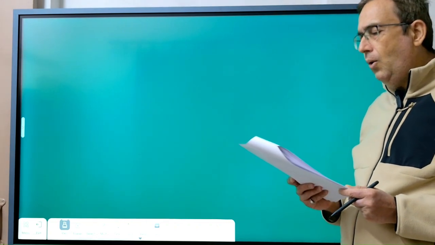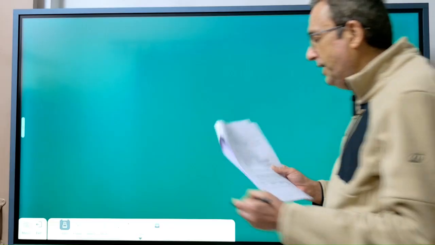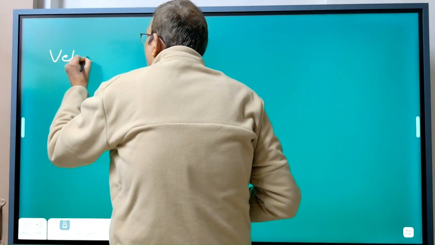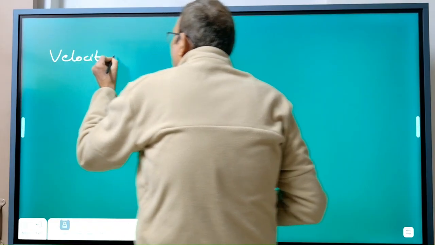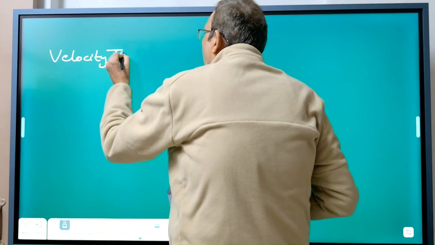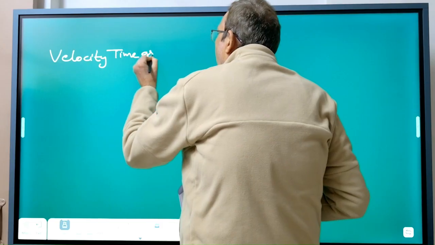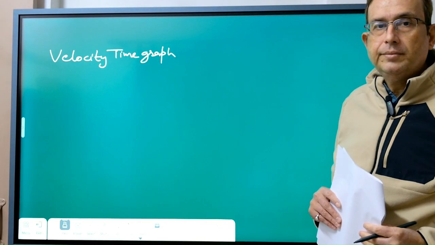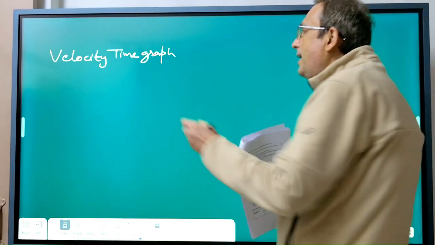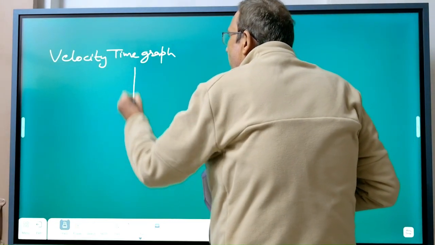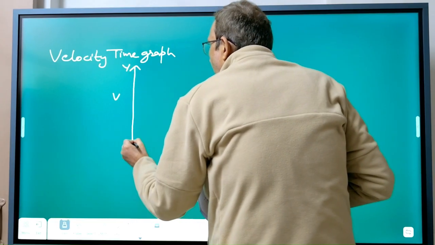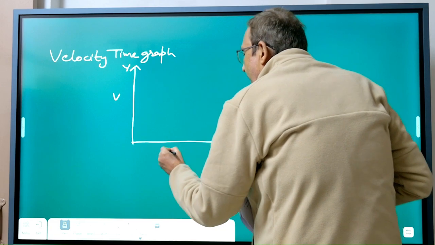Now let us talk about a velocity time graph. In that case, the y-axis would represent the velocity and the x-axis would represent again the time.